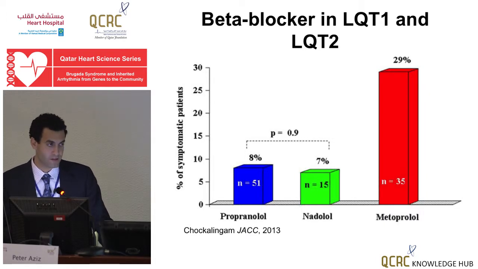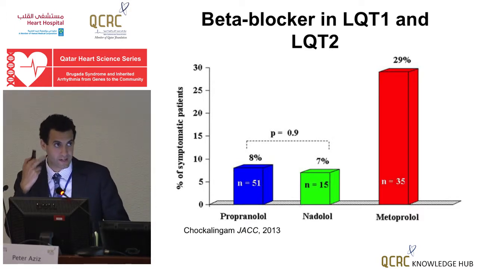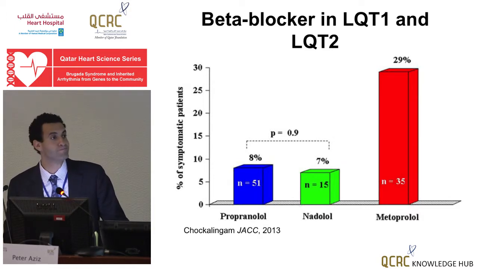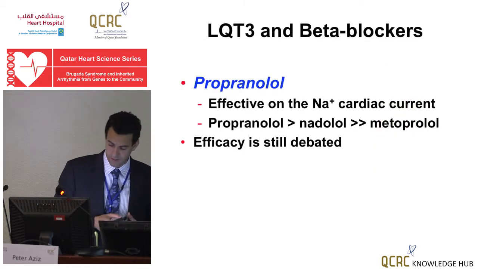A study about a year ago showed that the number of symptomatic patients on non-selective beta-blockers was actually much lower than it was in metoprolol or atenolol. When we see referral patients at the Cleveland Clinic that come in on metoprolol or atenolol, we will change them to propranolol or nadolol.